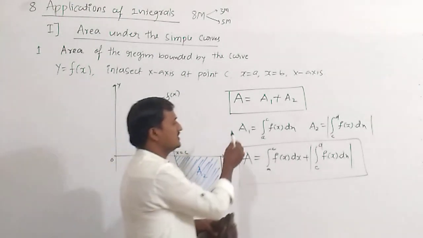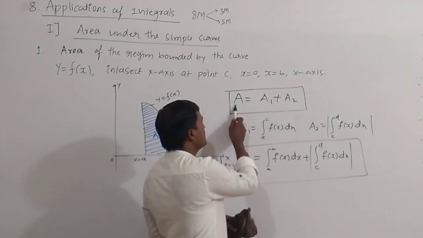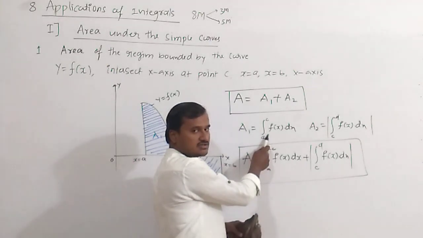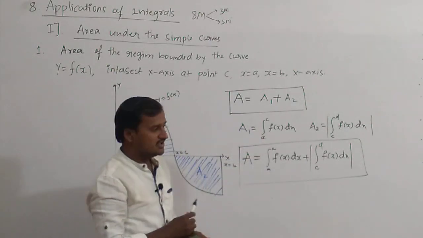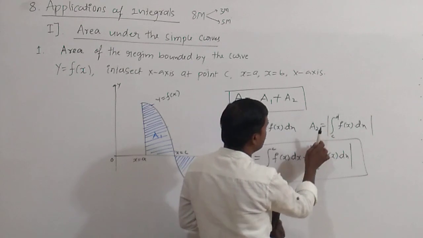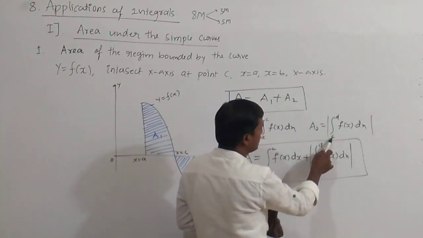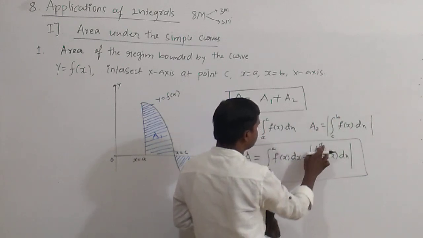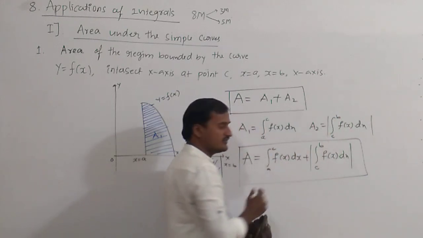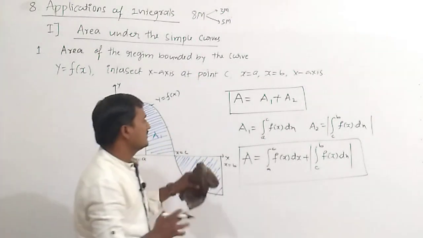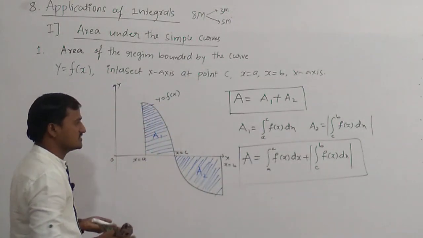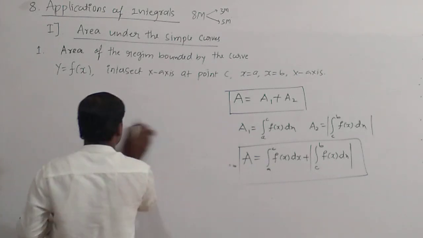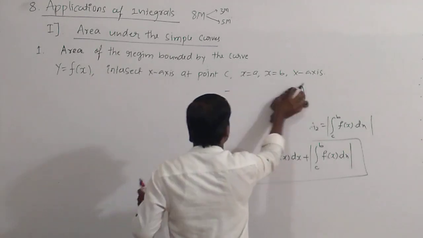So in this case we are using the required area A is equal to a1 plus a2. a1 is given by integration of a to c f of x into dx, and a2 is given by the mod of integration of c to b f of x into dx. Okay, you should remember this one also.